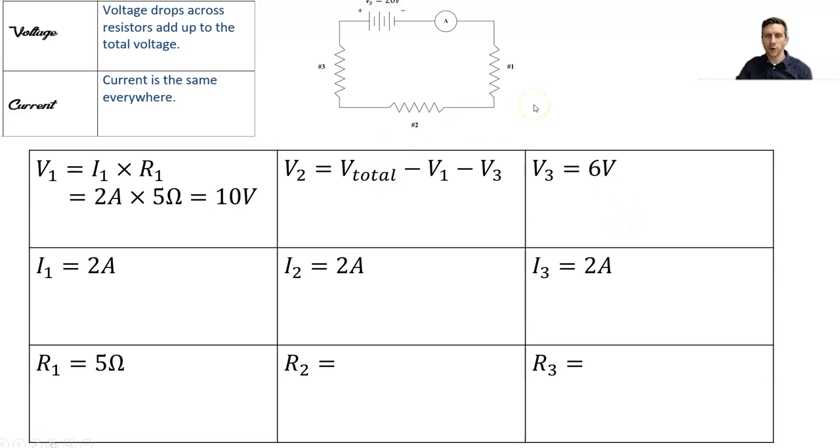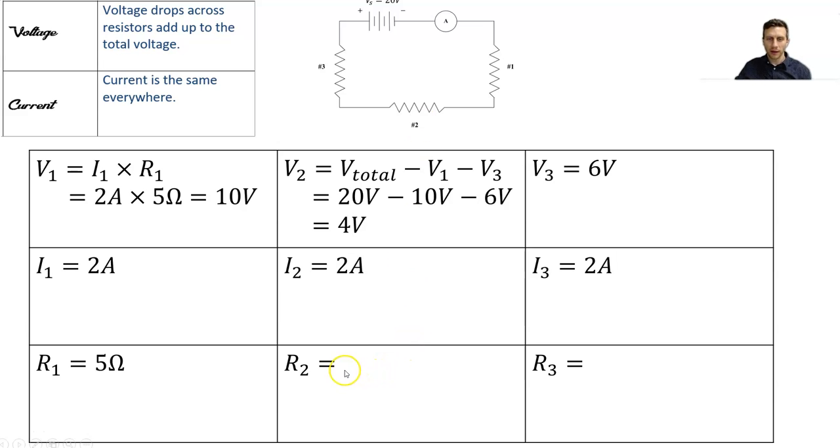V total is 20 volts, V1 is 10 volts, and V3 is 6 volts. And again, you can use a calculator if you want. 20 volts minus 10 volts is 10, minus another 6, that is 4 volts. So the voltage lost across resistor 2 is 4 volts.